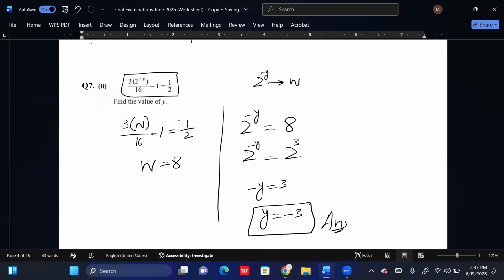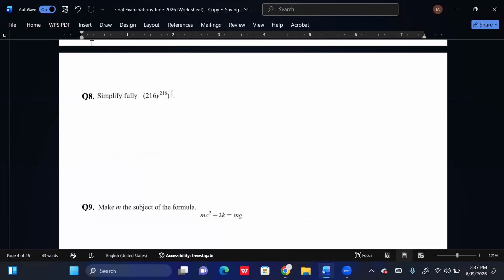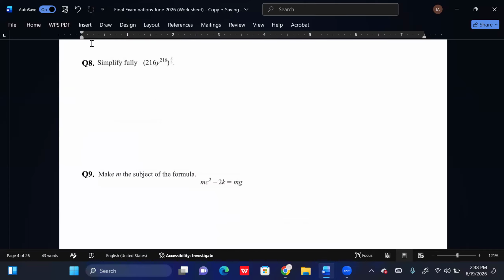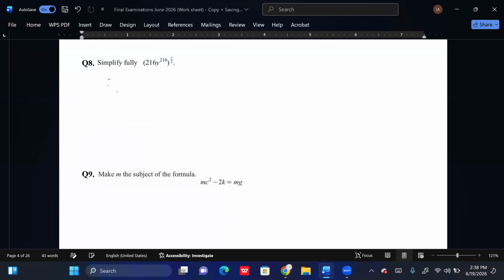Let's take on the next question. Simplify. Okay, 216. I can replace 216 by 6 power 3. Y to the power 216 power 2 over.